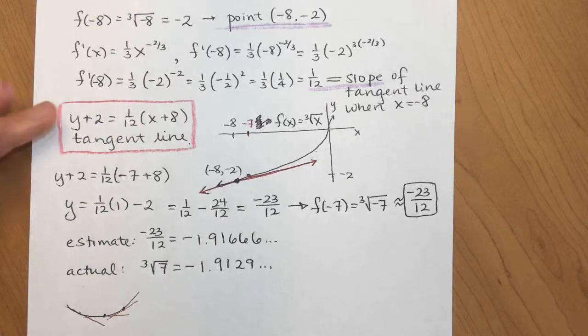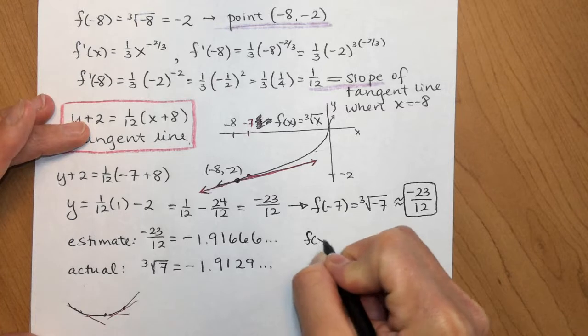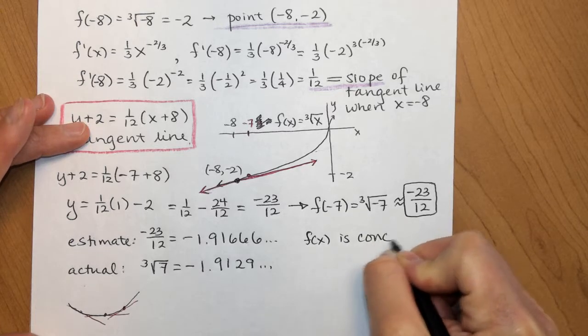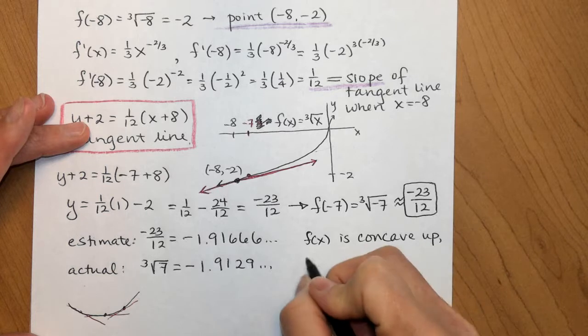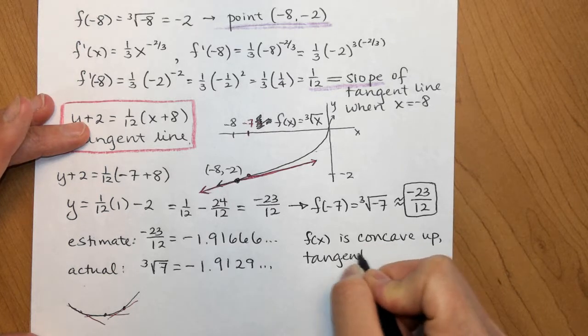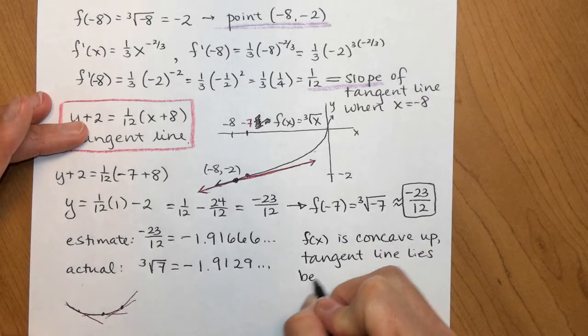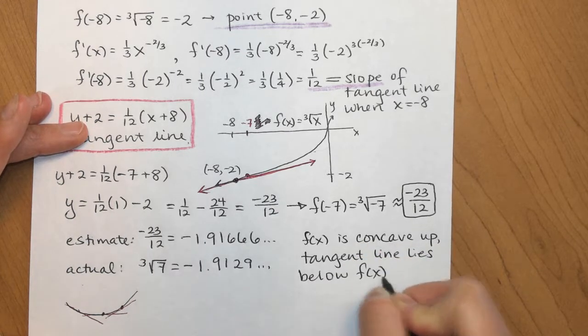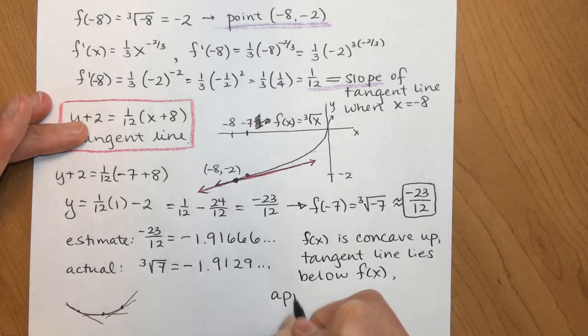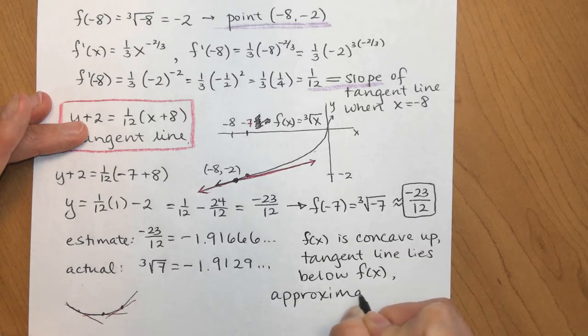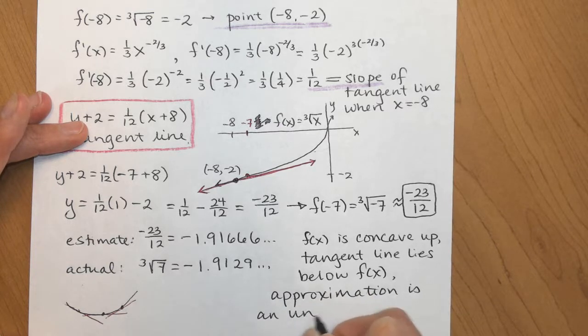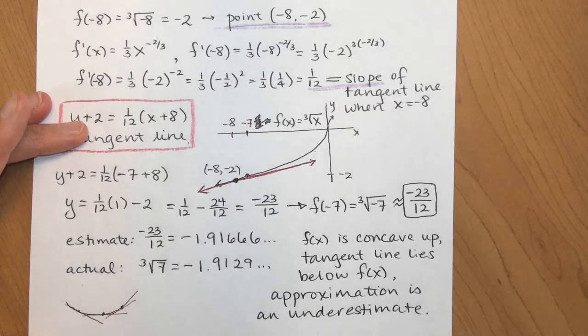And in that case, where the function is concave up and the tangent line lies below f of x, below the function, then the approximation is an underestimate. My approximation is less than the actual value.